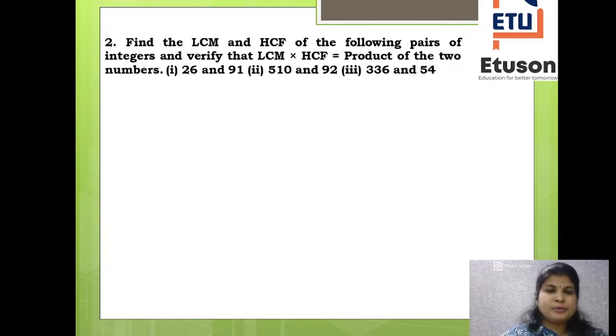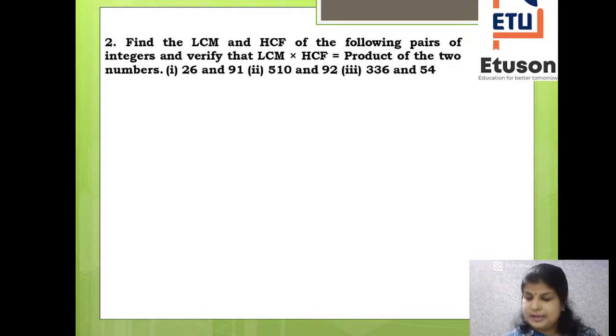Your question number 2 is: find the LCM and HCF of the following pair of integers and verify that LCM times HCF is equal to the product of the two numbers. First we need to find the HCF and LCM. By using the prime factorization method, first express 26 and 91 in terms of their prime factors.